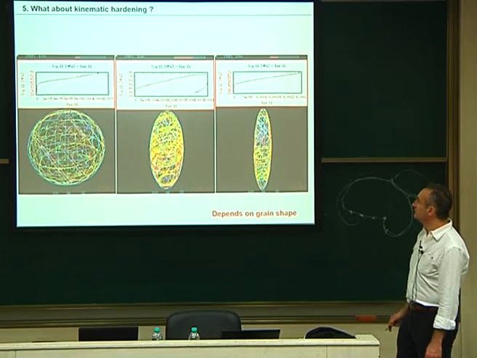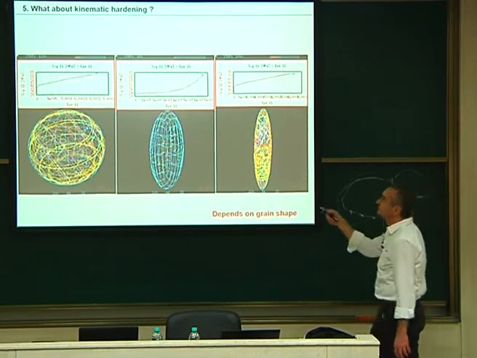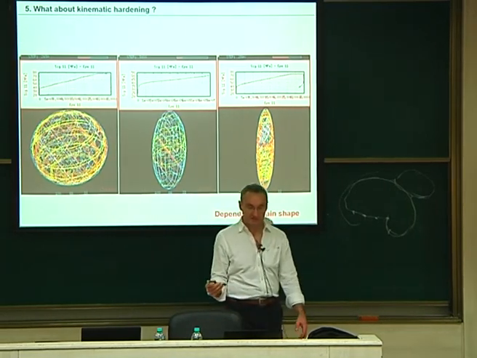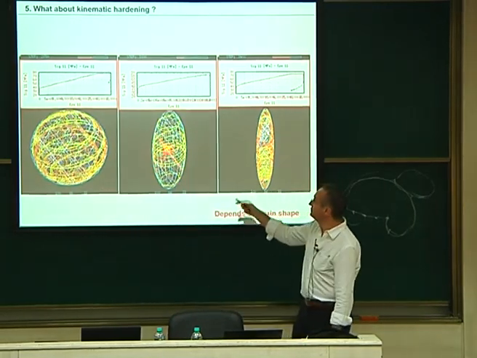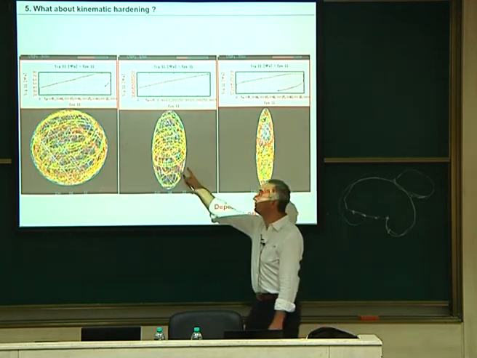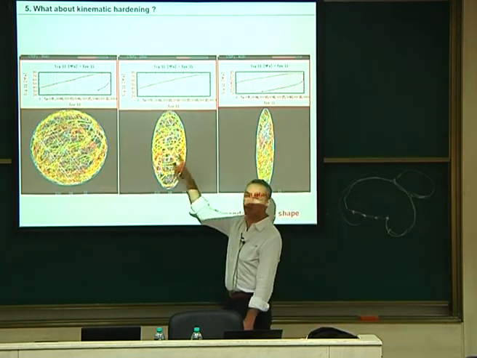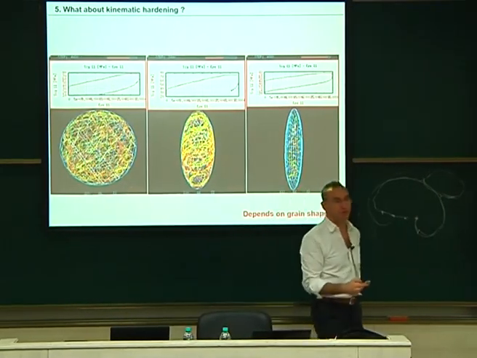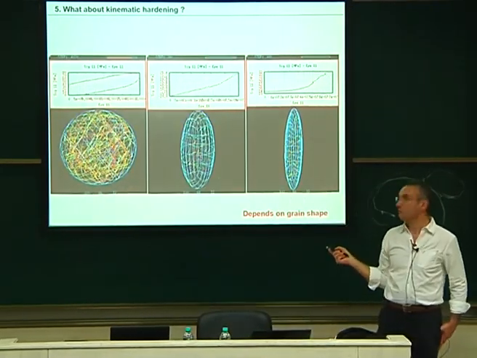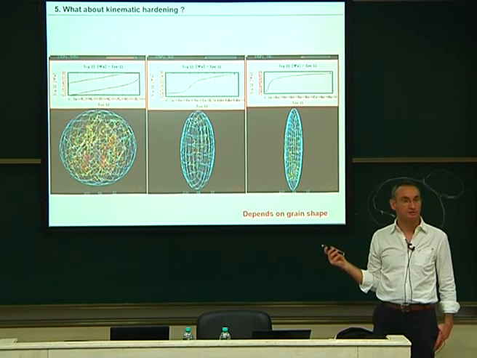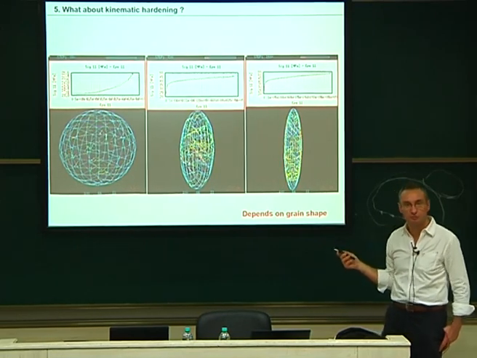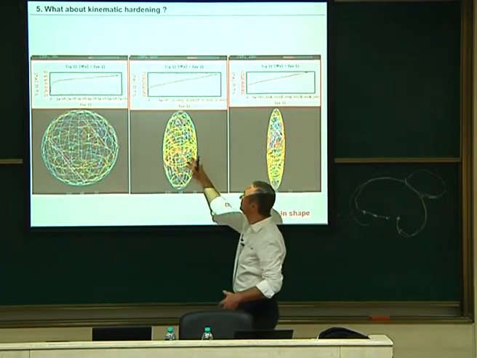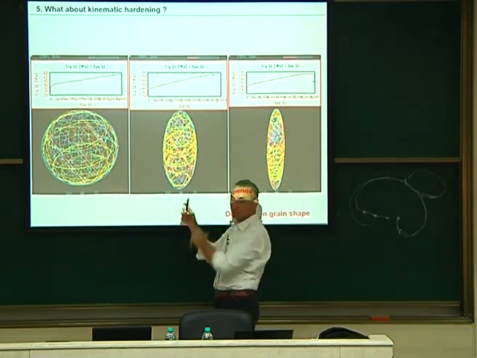Okay? So if you want to derive some kinematic hardening equations for that, you need to think about it and take into account the shape ratio, which is not the same for each slip system. You see that the yellow one has a small path, the big one has a bigger path. So this has to be accounted for in your modeling. And this is important for what people call the Lankford coefficient. I don't know if you know the Lankford coefficient, which is the ratio of the two constraining strains when you are pulling your specimen in tension.